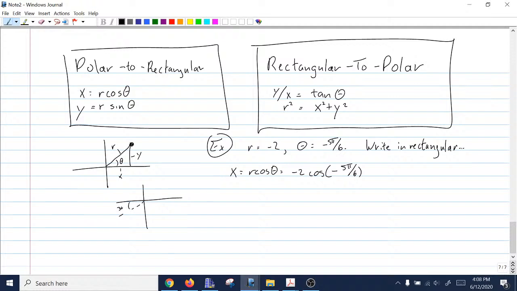This is 30 degrees here. So cosine theta will be negative root 3 over 2. So I'm getting negative root 3. My y coordinate will be negative 2 sine negative 5 pi over 6. Looks like that's negative a half, so I got negative 2 times negative a half. I get 1.